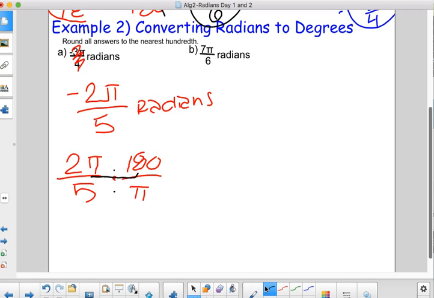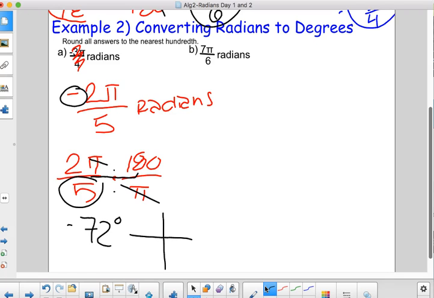So what are those going to do? Cancel out. So this is super nice. Your pi's cancel. So in your calculator, it's 2 times 180. And then what's that 5 going to do? Divide. So what's 2 times 180 divided by 5? 72. And then it was a negative, so it's negative 72 degrees.